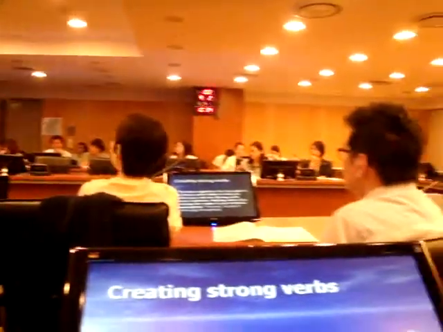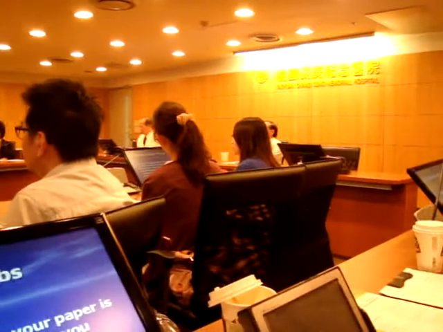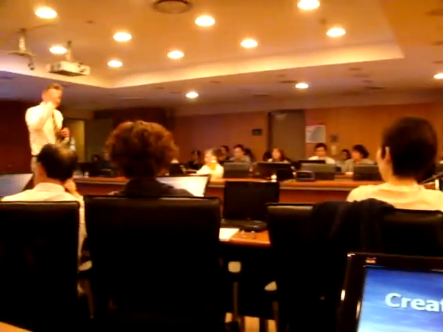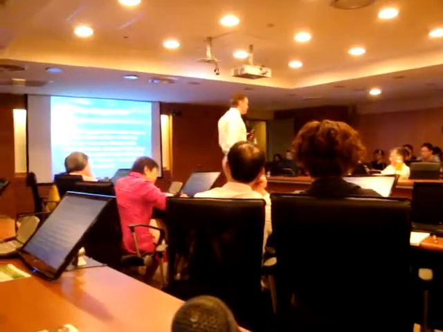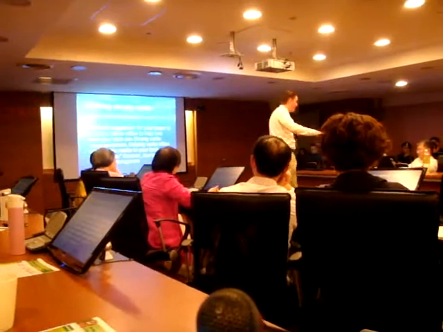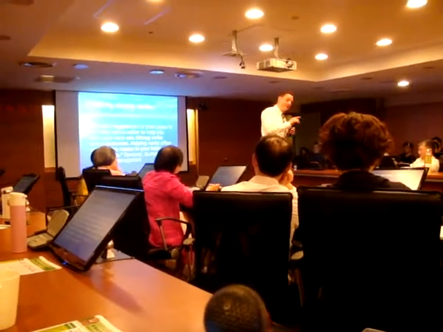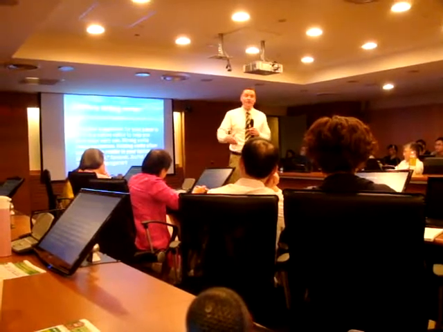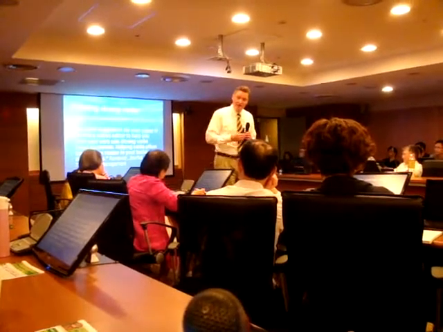Strong verb, consider. Weak verb, give consideration to. Strong verb, indicate. Weak verb, give indication of. Remember our rule that shorter is always better if the meaning stays the same. We don't want to use 3 or 4 words if one can do the job.